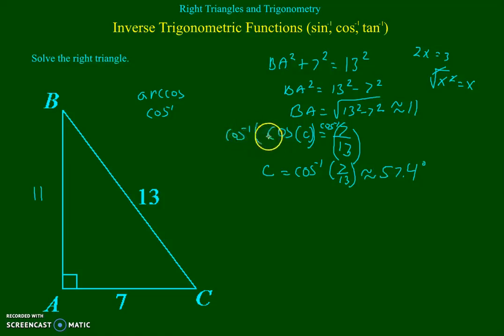And we talked about the fact that arc cosine undoes cosine, and likewise arc sine undoes sine, and arc tan undoes tangent. If you were using this to actually solve a right triangle in an actual problem, you would simply use this and the triangle sum theorem to find your third angle.